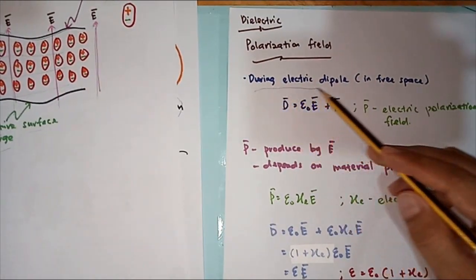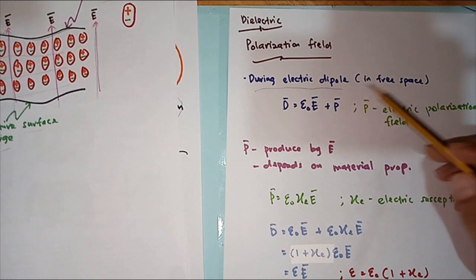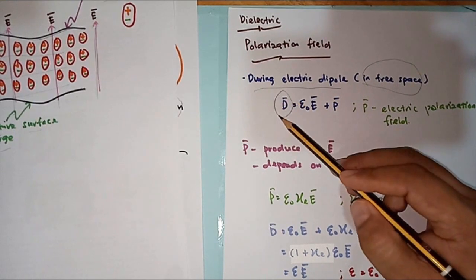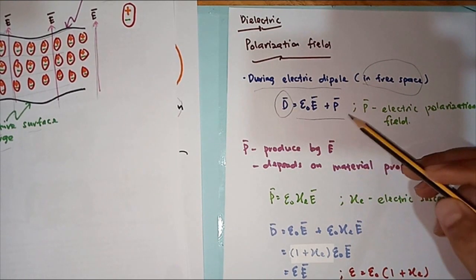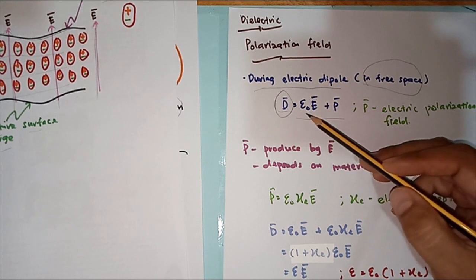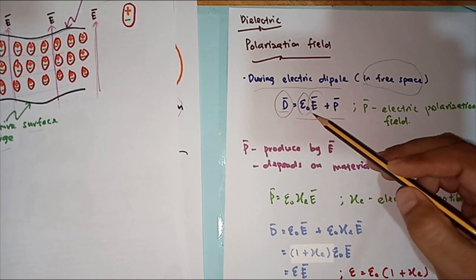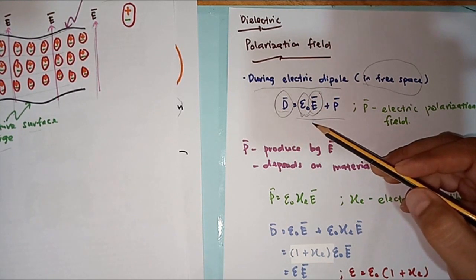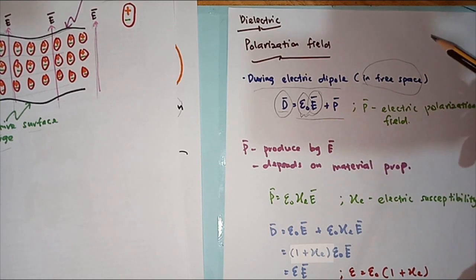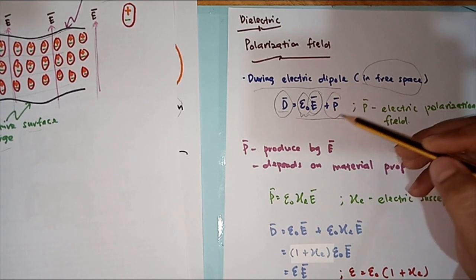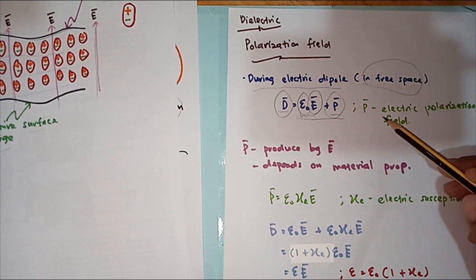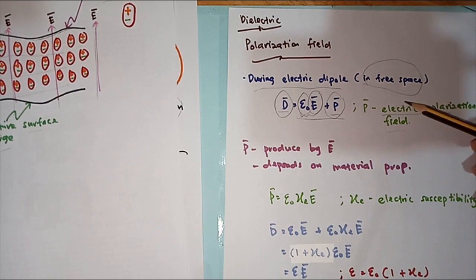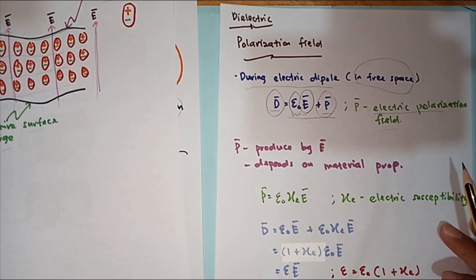During electric dipole occurrence, if we consider this happening in free space, we will have the electric flux density given by this equation, where the vector D is equal to epsilon naught multiplied by the vector E. This is based on the electric field that we expose to that dielectric material, plus the vector P, where P is the electric polarization field, which is the field generated due to the dipole occurrence.